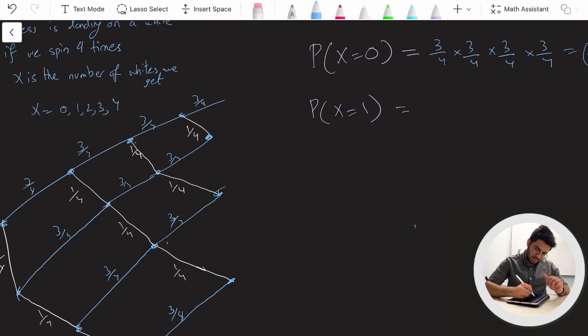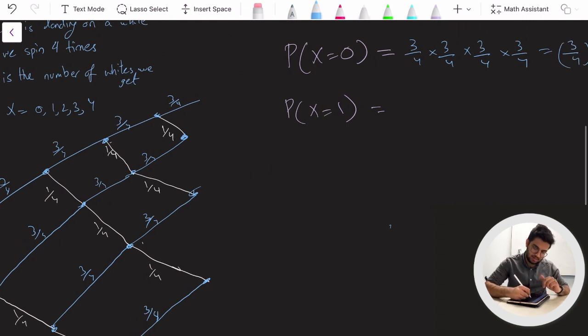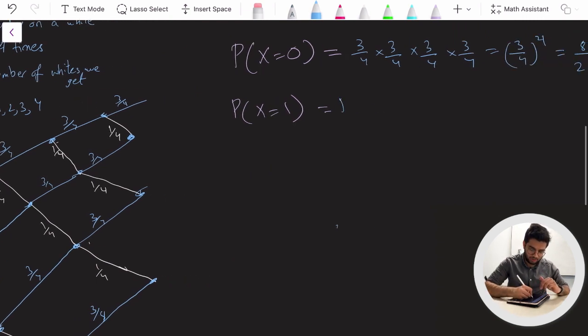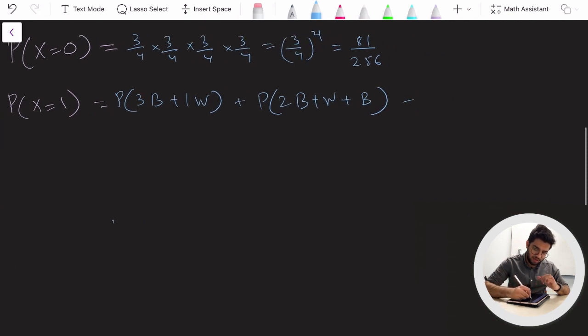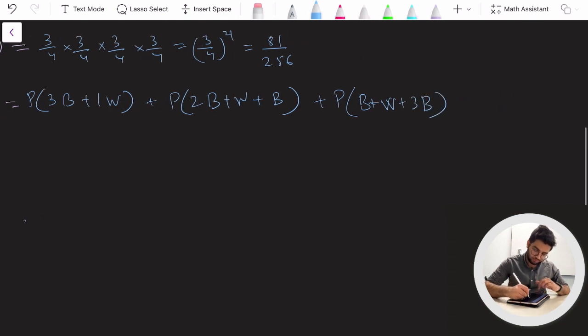You get either the probability of 3 blue plus 1 white, or the probability of 2 blues plus a white and then a blue, or a blue and then a white and then 2 blues.